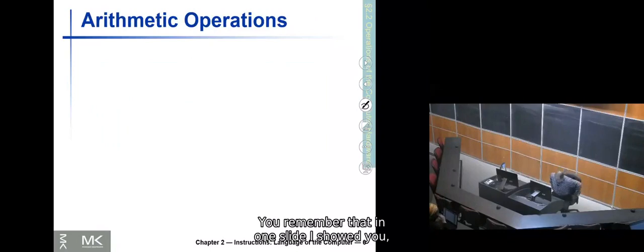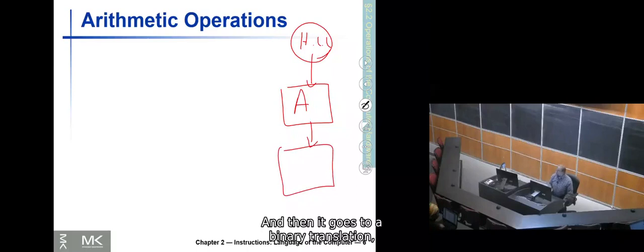You remember that in one slide I showed you, you write your code in a high-level language, for example C, Python, Java. Then it comes to an assembly language, which is text-based, we can read it, and then it goes to a binary translation, which we call machine code.